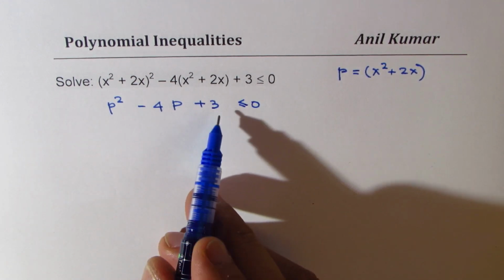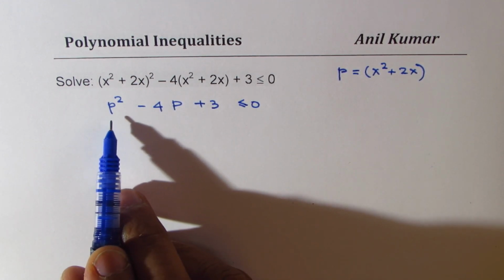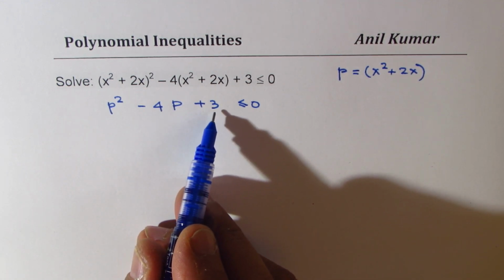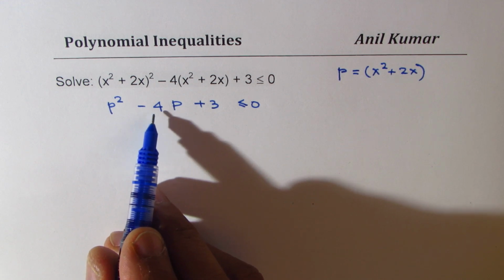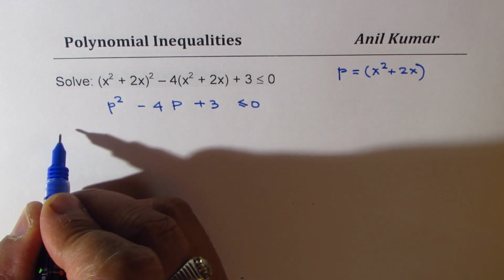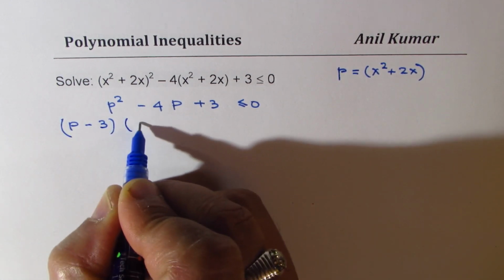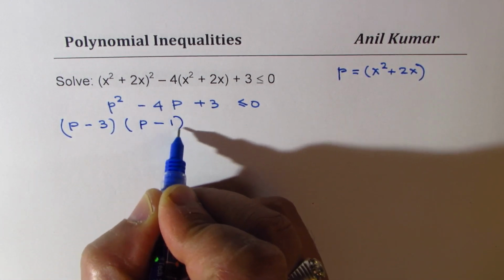Now that becomes a quadratic in p, which I could write by looking for a product of 3 and a sum of minus 4, so minus 3 and minus 1 can work. So we could write this as p minus 3 times p minus 1. Does that make sense to you?